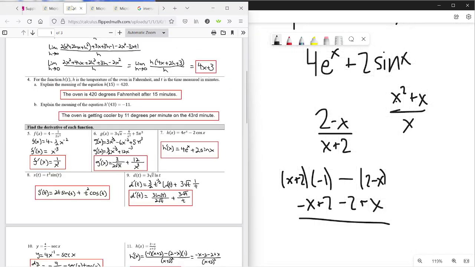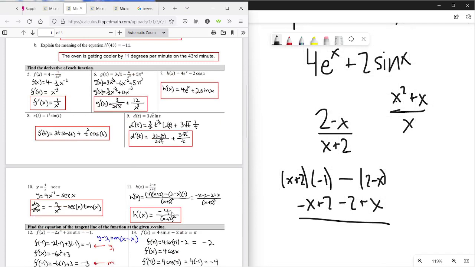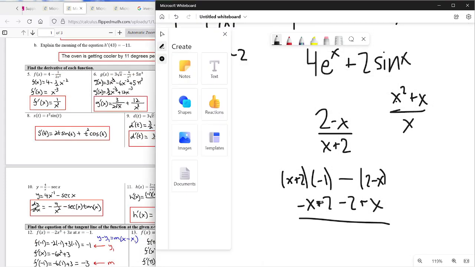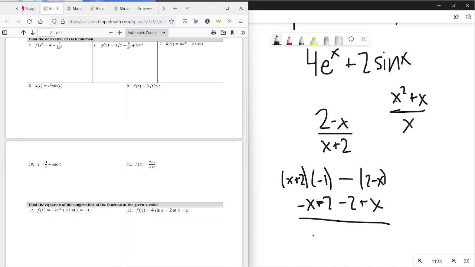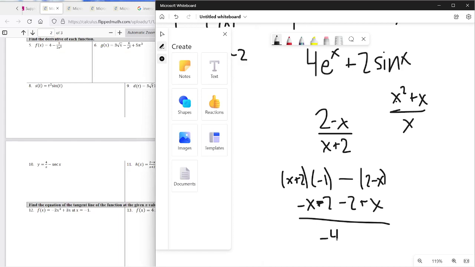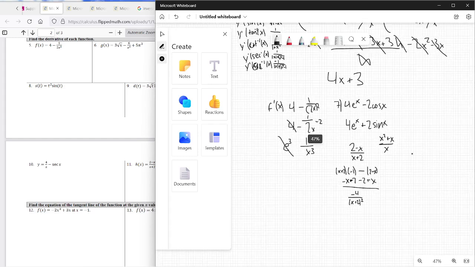Okay, let's see how to do this. This should be minus 2. Yeah, so they did do it with the quotient rule. So it's going to be negative 4 and the square of what's below, so x plus 2 squared. So that's how to solve this problem.